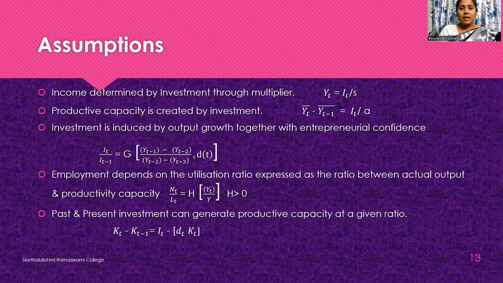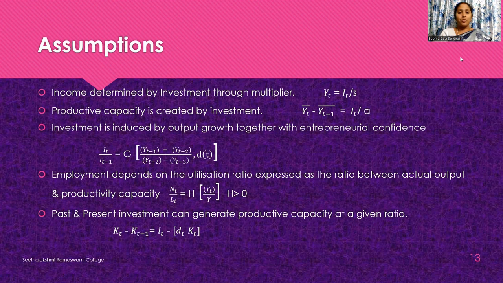Here N is employment, L is the labor force, Y is the actual output, and Y bar is the productive capacity. H is denoted as the employment coefficient and t refers to the time period. This equation explains the ratio of employment to labor force is determined by the employment coefficient, that is H, and the ratio of output to productive capacity.